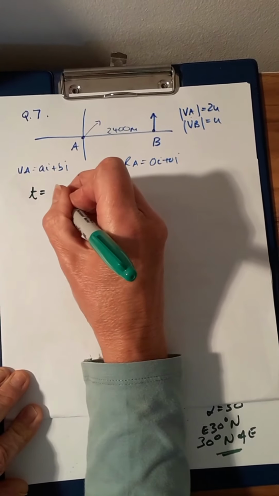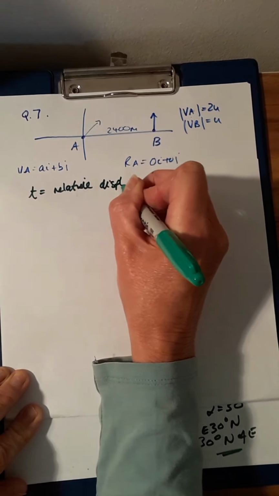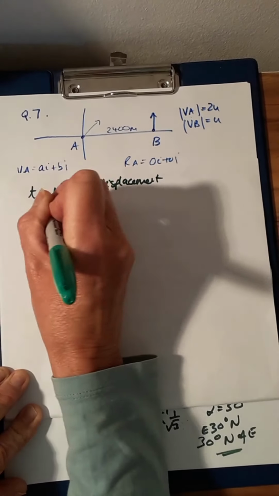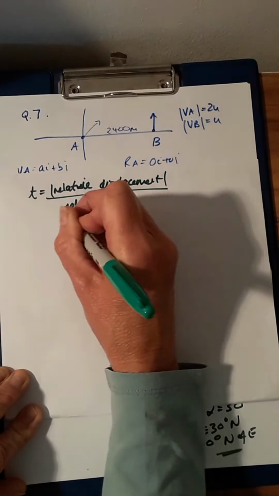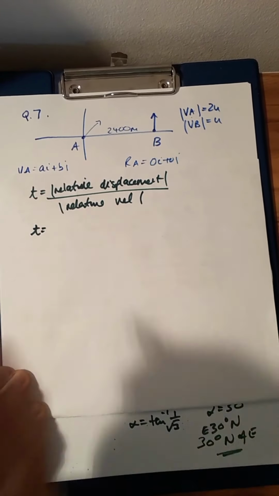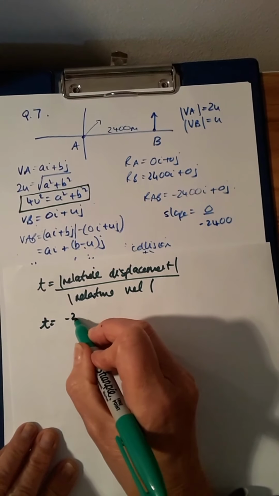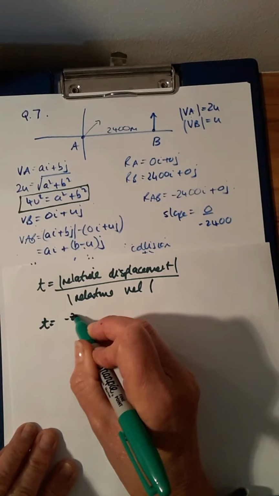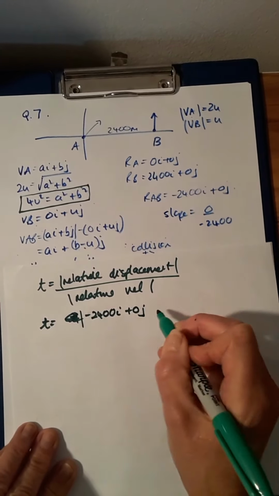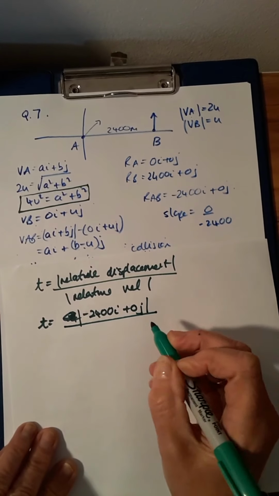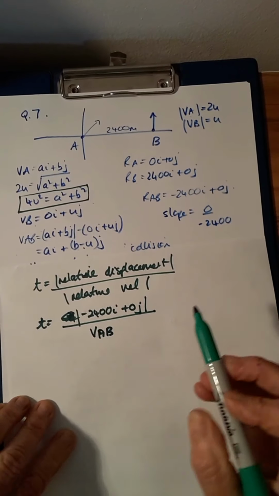So the time, of course, is the relative displacement modulus divided by the relative velocity mod. Okay, now my relative displacement I already know. T is equal to, the RAB is the minus 2400 on the i plus 0j. So I'm going to get the modulus of that, and I'm going to divide it by the VAB, sorry, not PQ, they're ABs this time.